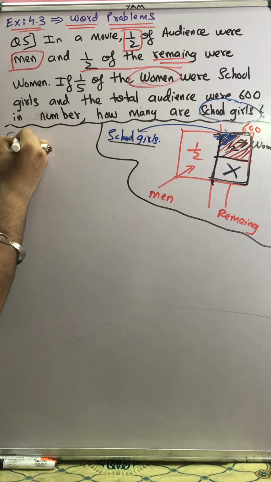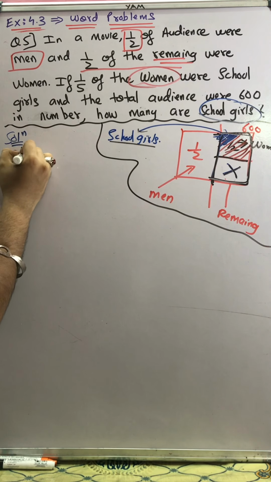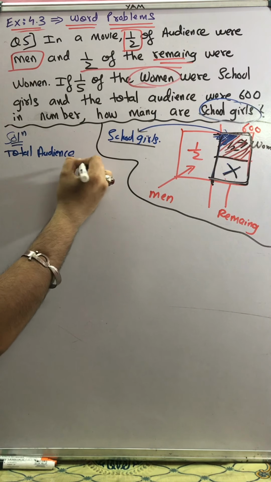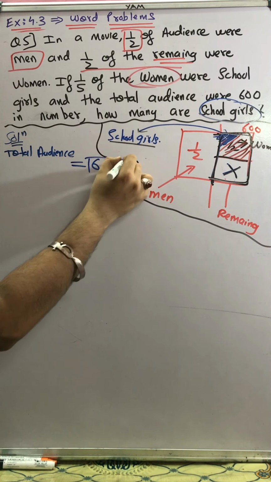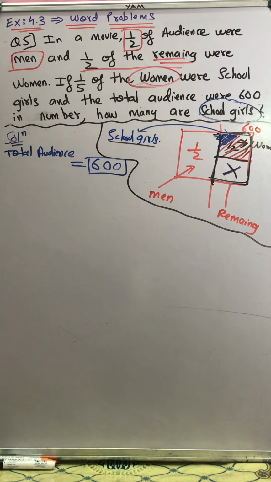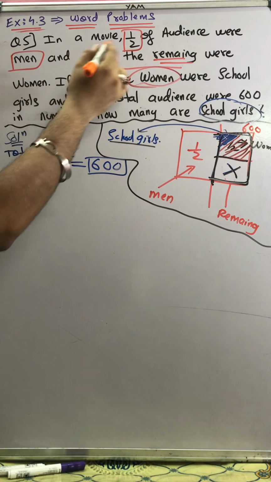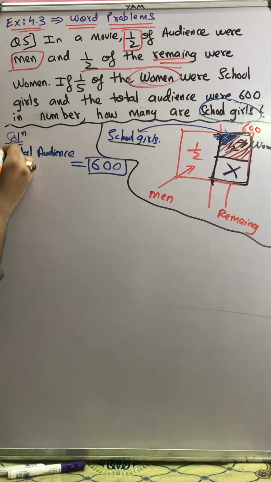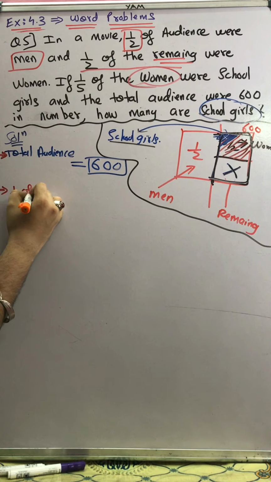First, I'll write in the solution part: total audience is how much? 600 people. It is given that out of the 600 people, we move in sequence. Half of audience were men. This was my first point.